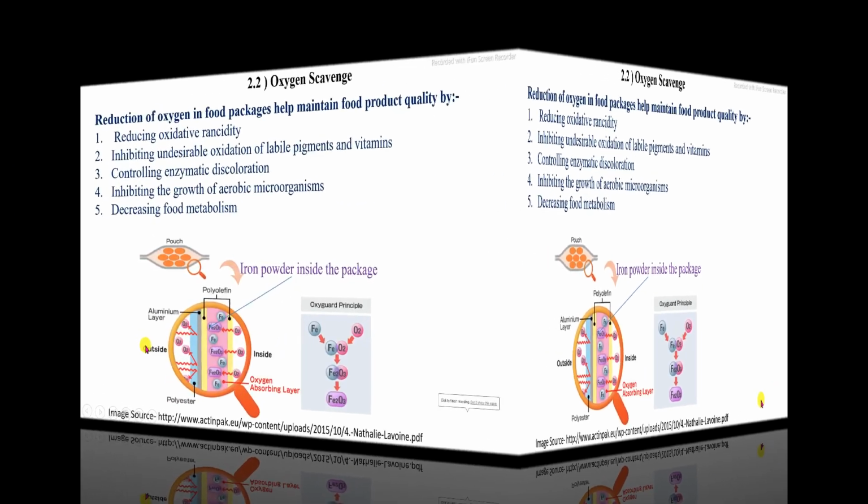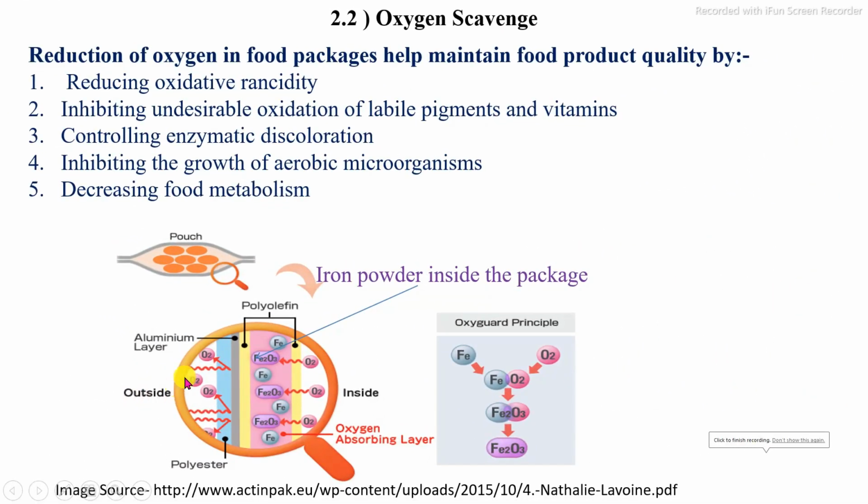On the outside is the total barrier layer, that is the aluminum layer, and inside is the polyolefin, which is a permeable film, permeable to oxygen. In between the layers, the iron powder is incorporated. The oxygen inside the food container is absorbed, forming a stable salt.